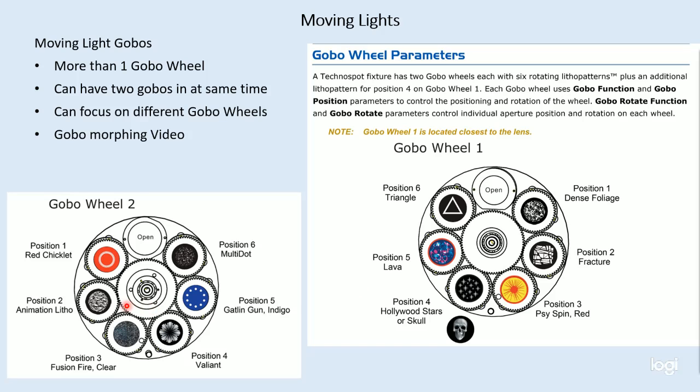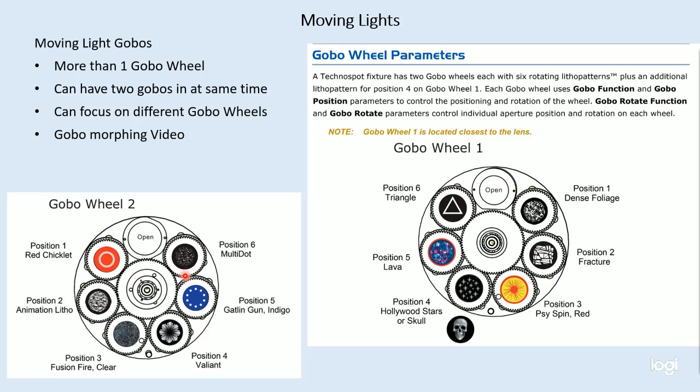So if I have this watery sort of looking gobo behind the triangle, it is going to be filtered, and I'll only see the triangle, and then I'll see just a few little ripples behind that triangle. So the two are combined.